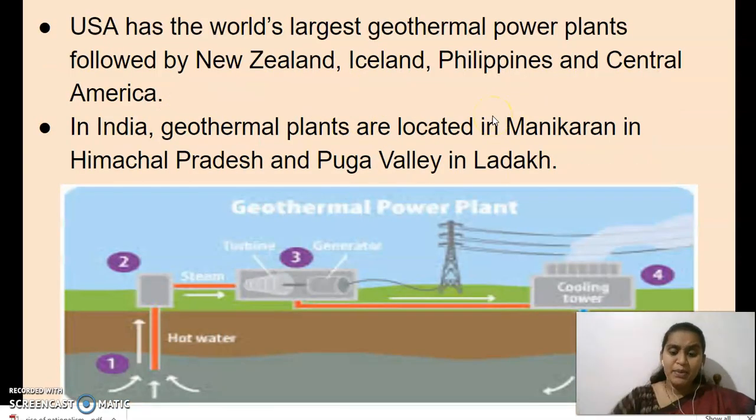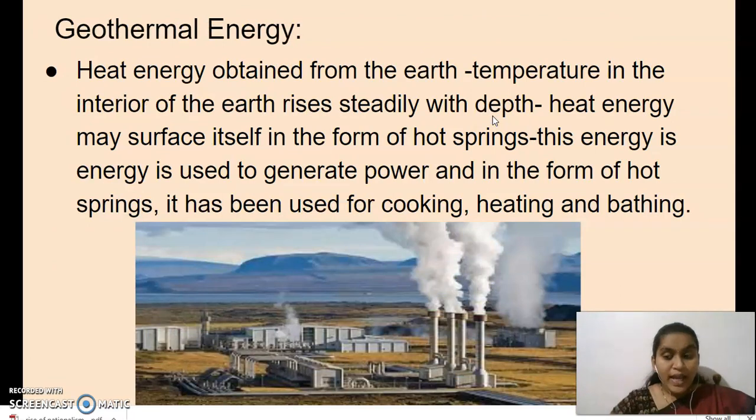When we go deeper, of course, the temperature in the interior of the earth will increase. Heat energy may surface itself in the form of hot springs.